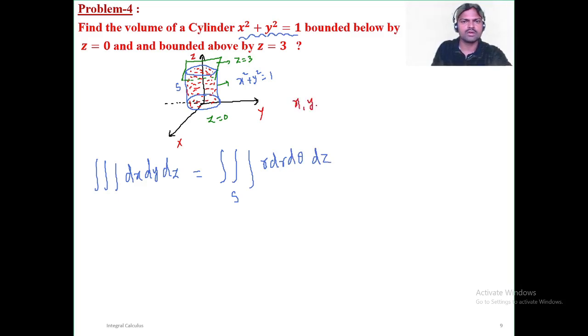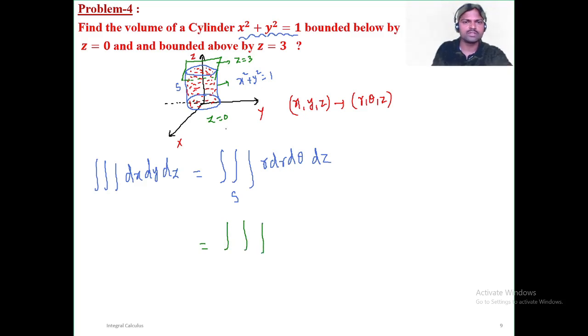The Cartesian coordinates x, y, z are transformed to r, theta, z under the transformation x equals r cos theta, y equals r sin theta, z equals z.